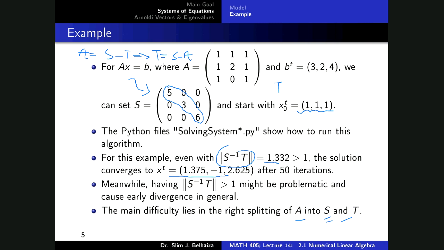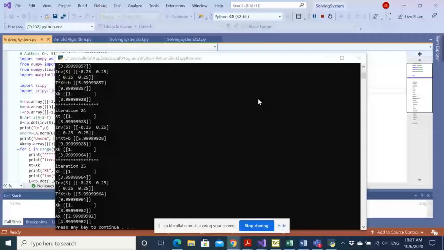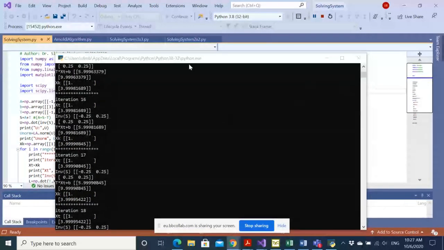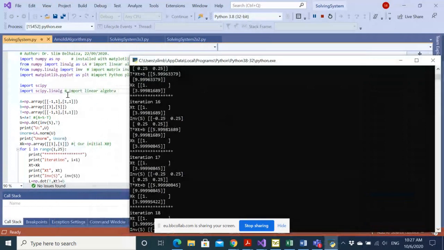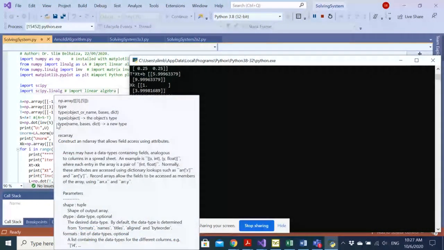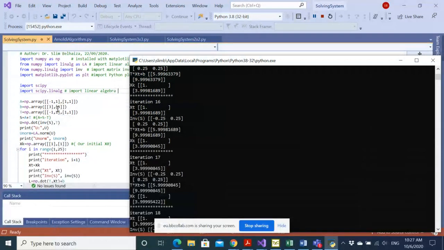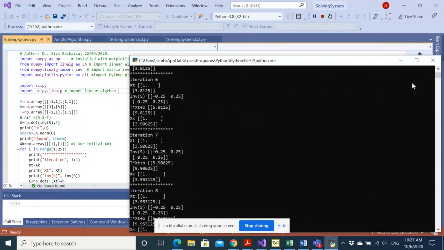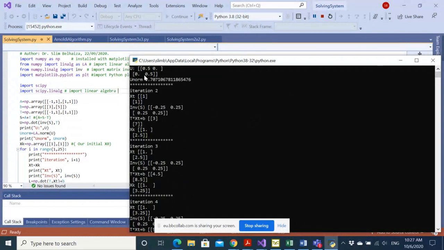Okay. So here, I just ran my algorithm I've shown you. You see the screen, right? Here I was still back to the previous system where I had 1, minus 1, 1, 1, 1, and just 3, 5 as the right-hand side. Are you still with me, Shabab? Here I'm displaying the details of the iterations at every step.